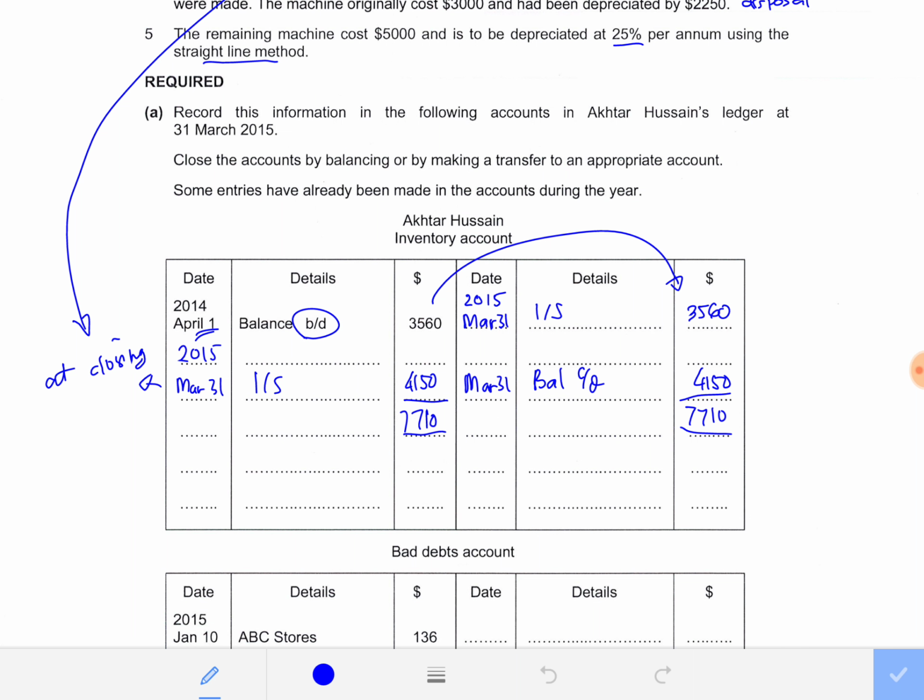And then don't forget to carry it down to the next accounting period, still in 2015, April 1st. Balance BD 4,150. Done.